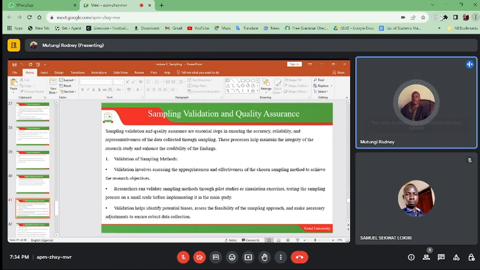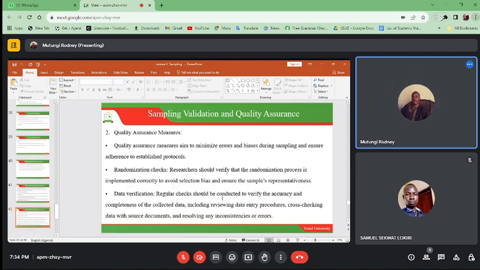If not, how can we make sure that we improve on that? So that you use that sampling approach that will help you to generate robust data collection. So you make those necessary adjustments so as to have a better data collection exercise.